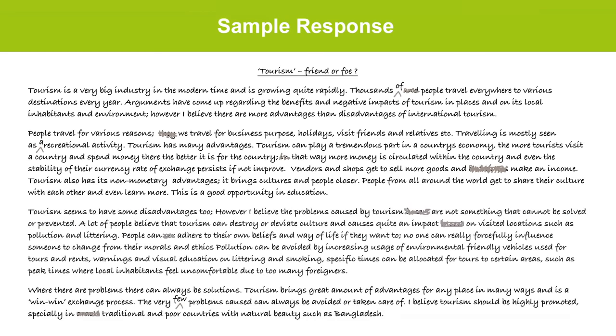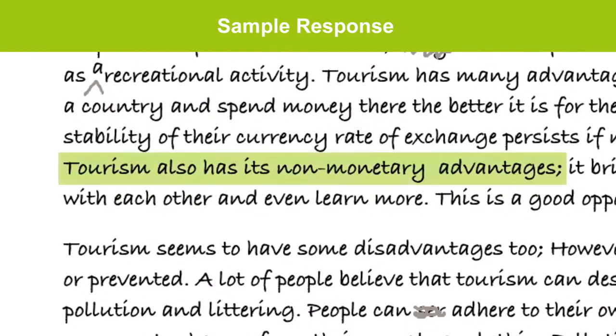In terms of lexical resource, this answer has a good range of vocabulary, which is used accurately and flexibly, as you can see here. Traveling is mostly seen as a recreational activity. And here, tourism also has its non-monetary advantages.